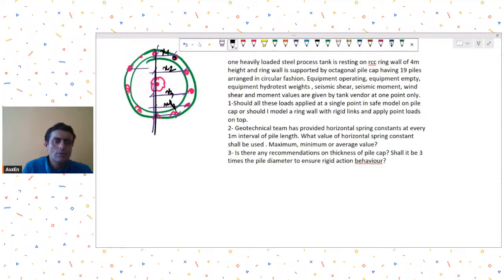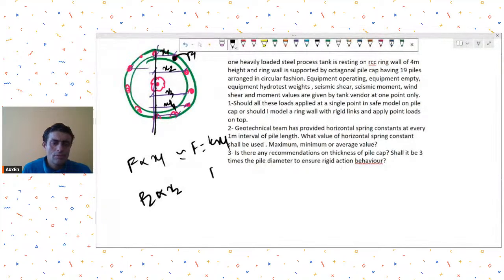So I would have done force in this pile F1 is proportional to x1, force in pile F2 is proportional to x2. So I would have said force in the pile is kx1, force in second pile is kx2, and now the moment about this will be how much?